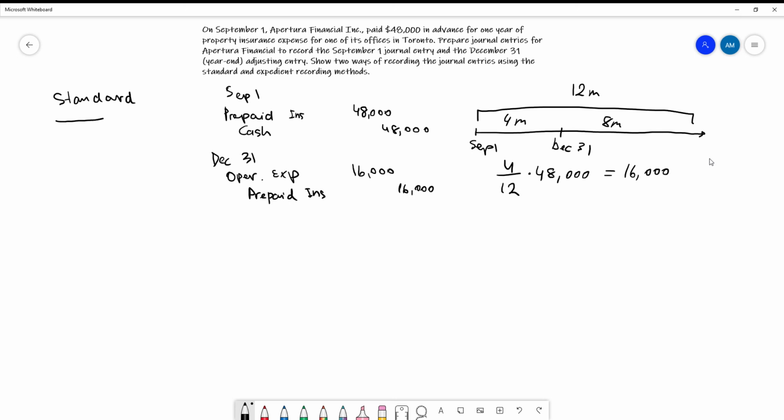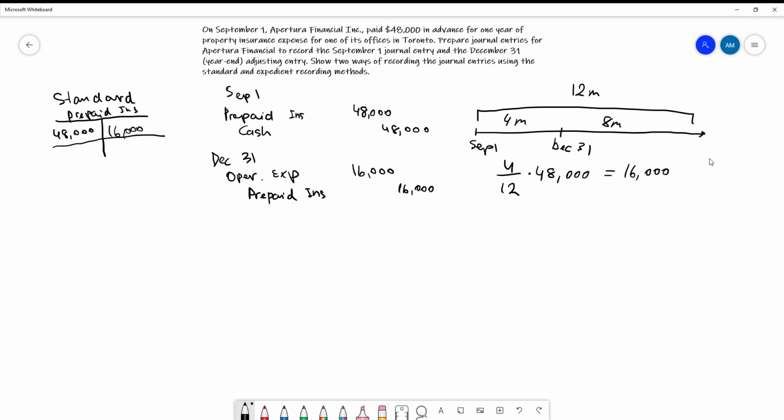For T accounts, it will look like this for prepaid insurance. Prepaid insurance, we have initially $48,000 here, but we have an adjusting entry here for $16,000.